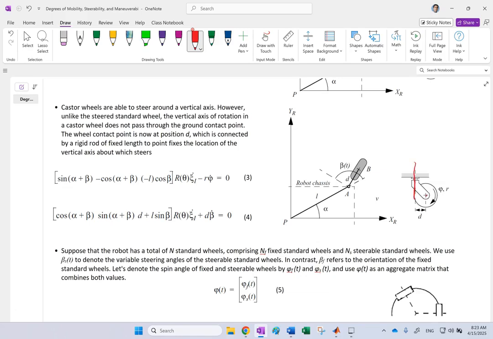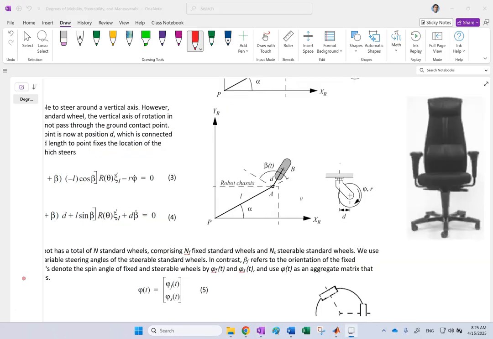So this is the axis about which this wheel goes like this, and this is the axis about which the tire goes with angle phi. So there is an offset that you show by d, or if you look at it from the top, you can see this d as this distance here.